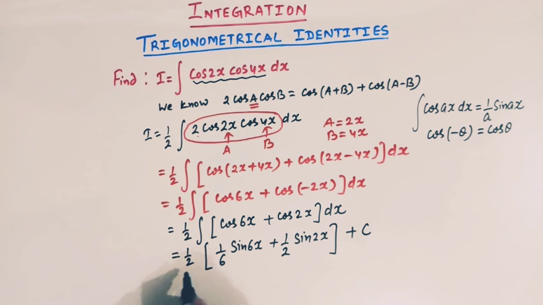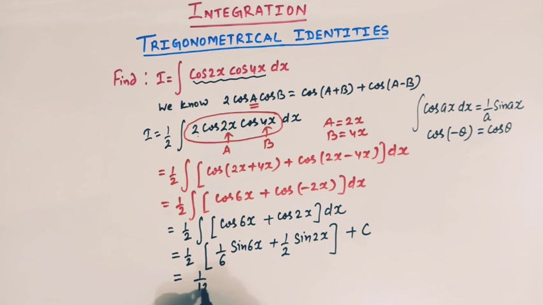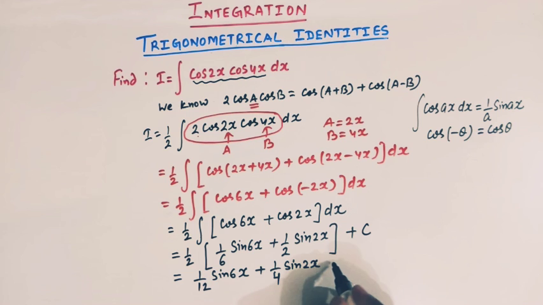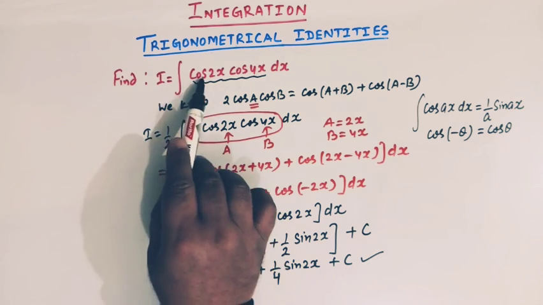So now this can further be written as 1 over 12 sine 6x plus 1 over 4 sine 2x plus c. So this is the required integration of this function.